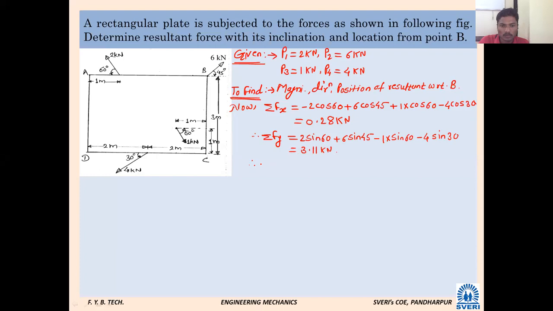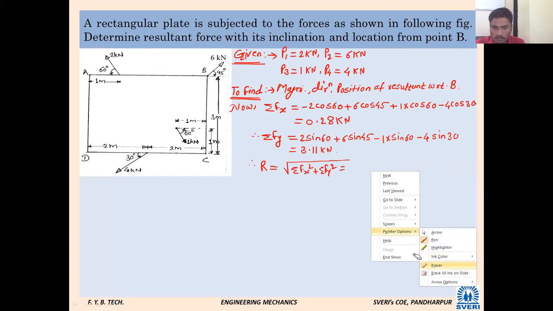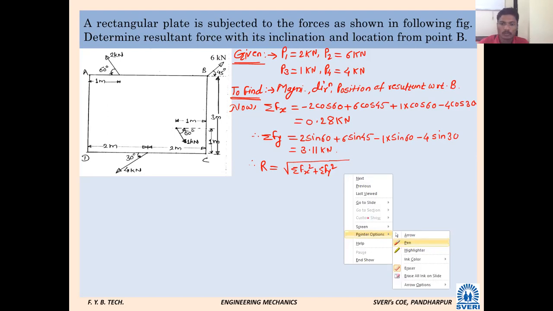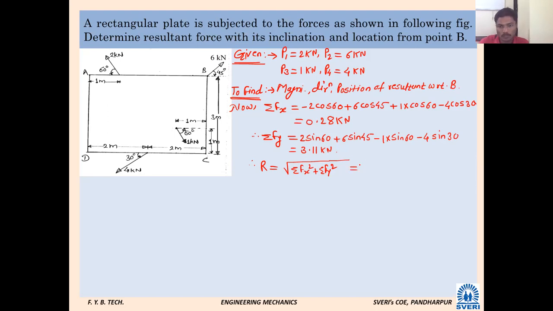Therefore, R is equal to 3.12. How much? 3.12. Very good. Has anybody calculated theta?